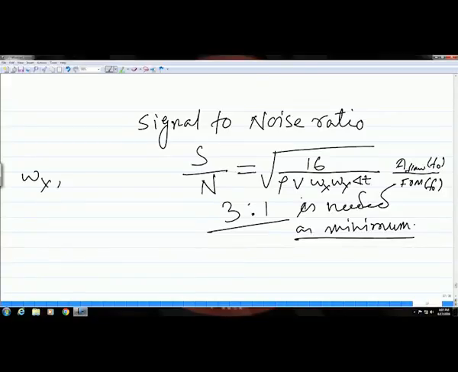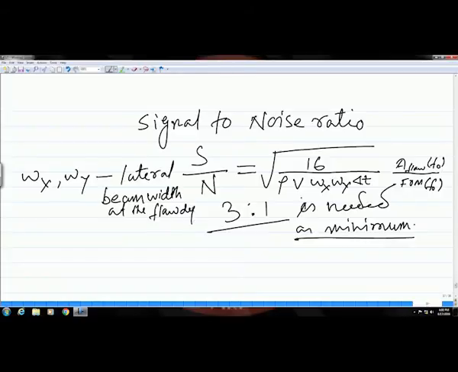This W is the lateral beam width, Wx and Wi at the flaw depth. Delta t is the pulse duration.